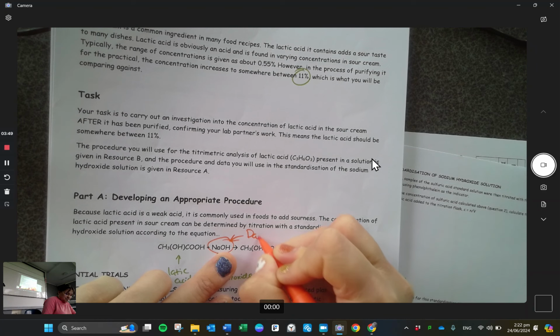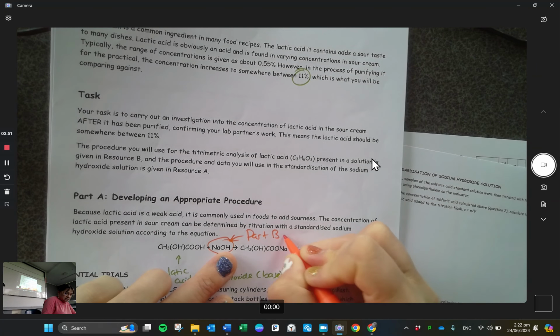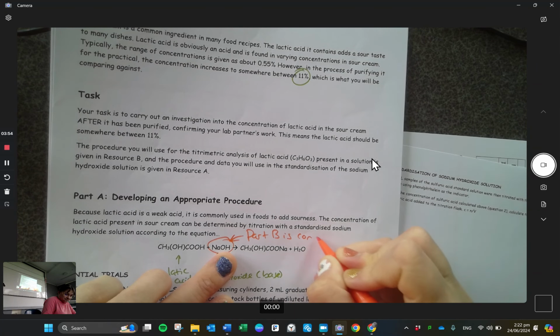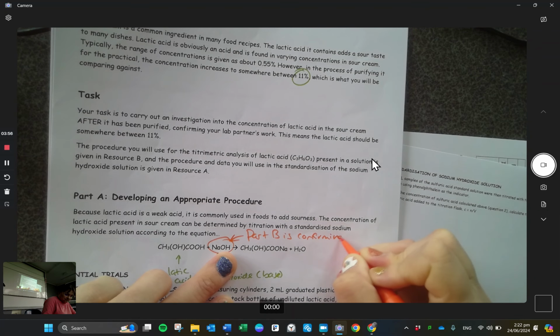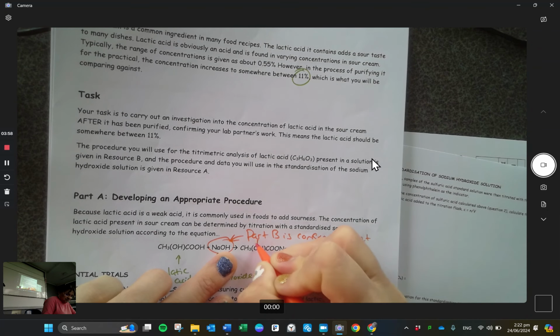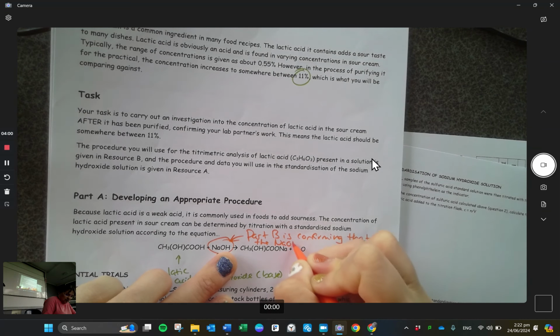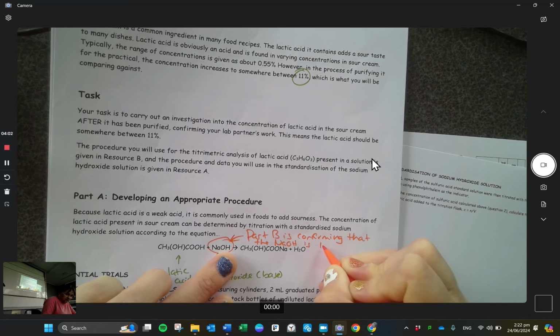So Part B is confirming that the NaOH is 0.1 moles per liter as claimed.